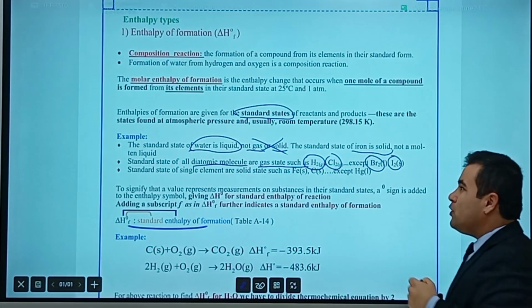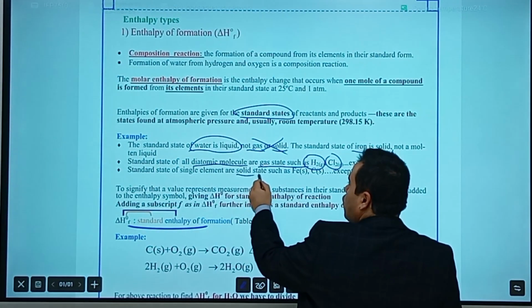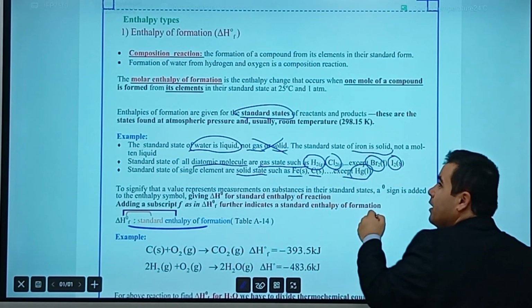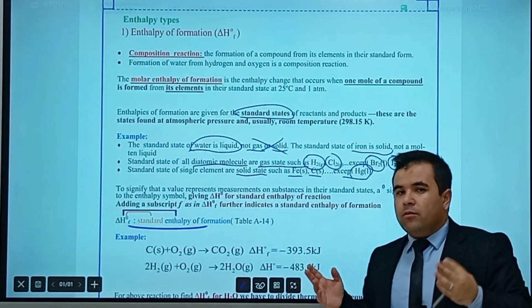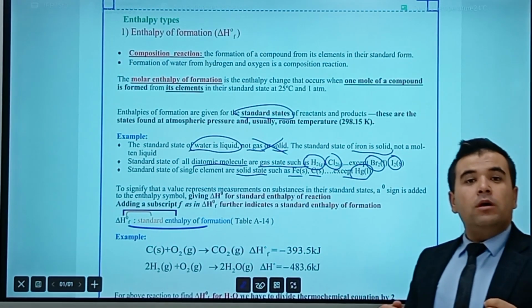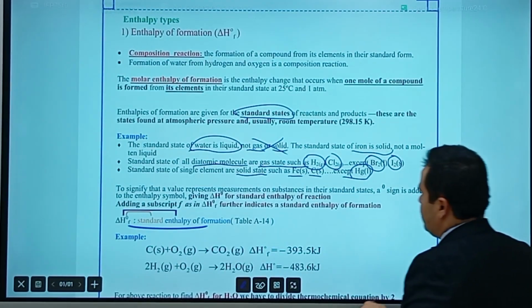Br2 is liquid and I2 is solid. The standard state of single elements is solid, such as iron and carbon, except mercury. Most of the elements are solid, except mercury, which is liquid.